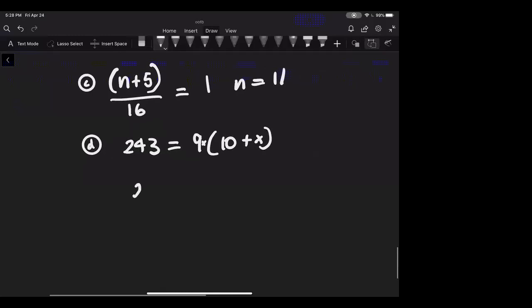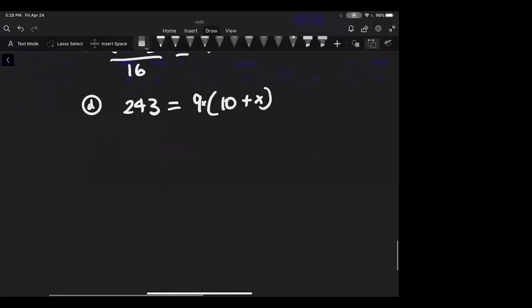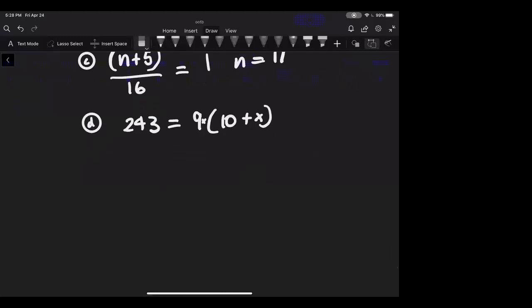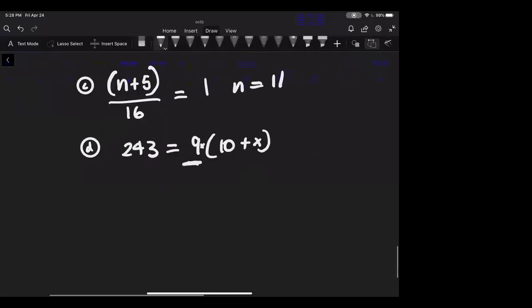Yes, no worries. So you have 243 is equal to 9 times (10 plus x) in brackets. Can we touch what's in the brackets right now or no? No, because there's something on the outside. What's happening on the outside? Multiplication, but we do division, and 243 divided by 9 equals 27. Good job.